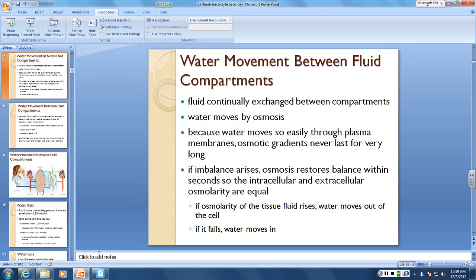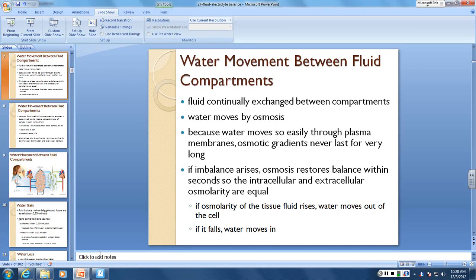Water is going to move out of the cell. Does that make sense to you? So by increasing the osmolarity of tissue fluid, remember, wherever osmolarity increases, water is coming to that area. Okay? So by the fluid osmolarity increasing, water is going to move from the intracellular space to the extracellular space.